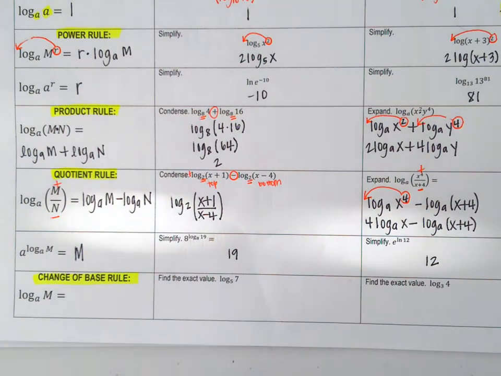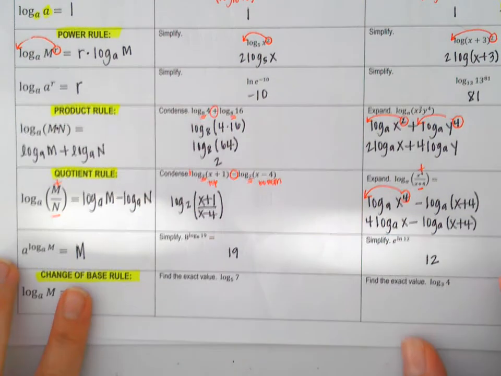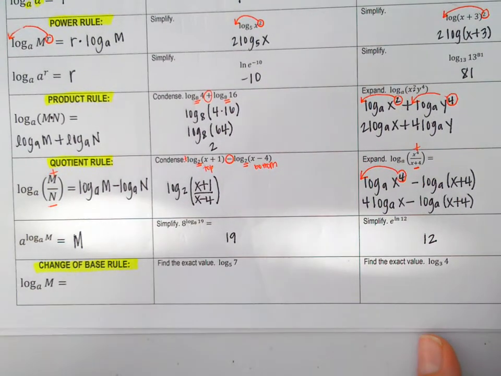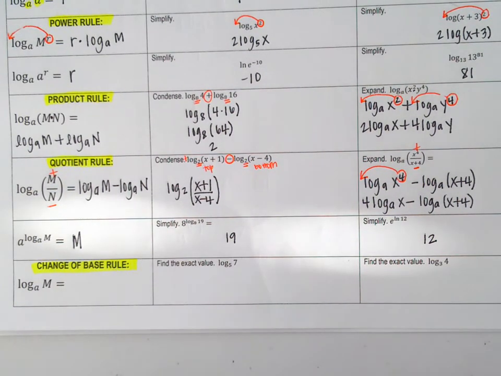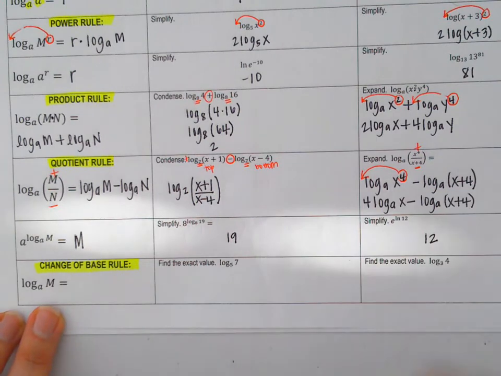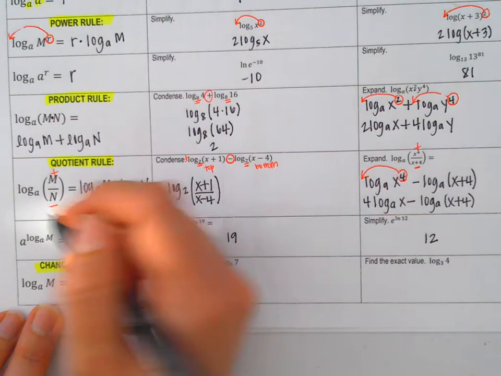So what the change of base rule says is we can actually change it to be any base. I can change it to be log base A, I can change it to be log base B, I can change it to be log base 10, whatever. But typically, like I said, we have ln, we have log base 10, so I change it to be that base. So I use ln most of the time.